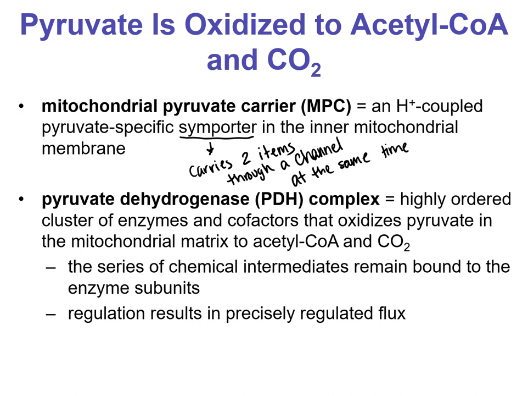What's really cool about this complex is that all of these enzymes are in one big complex, and there's a kind of swinging arm that brings the intermediates from enzyme 1 to 2 to 3. And there's a lot of regulation that happens here.